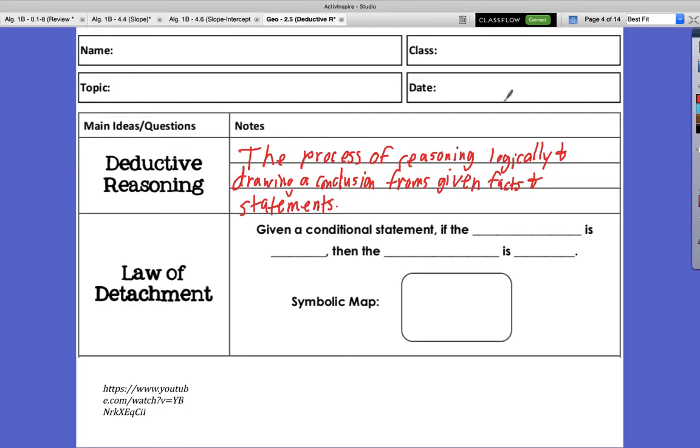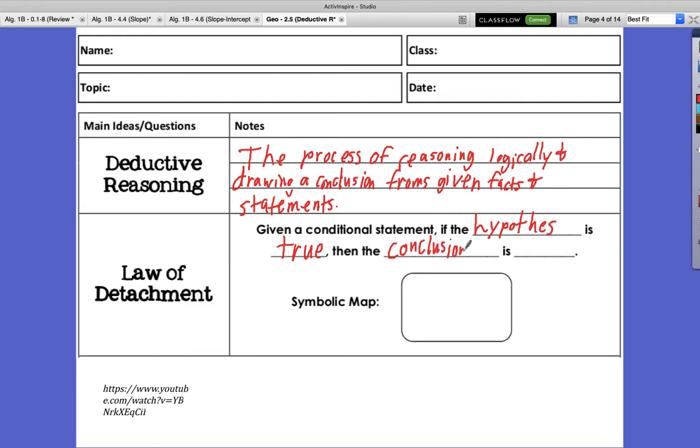So we have a couple of laws we're going to talk about today. We have two laws that make up deductive reasoning as we talk about it. The first law will be the law of detachment, and we're going to be detaching things from each other. Given a conditional statement, if the hypothesis is true, then the conclusion is true.